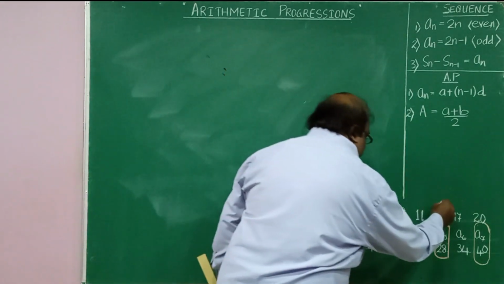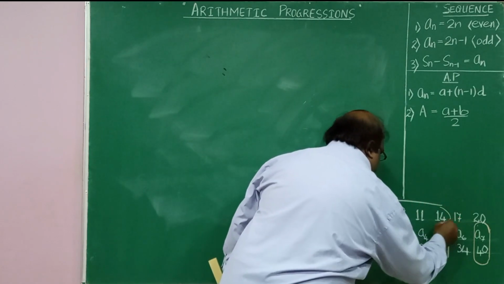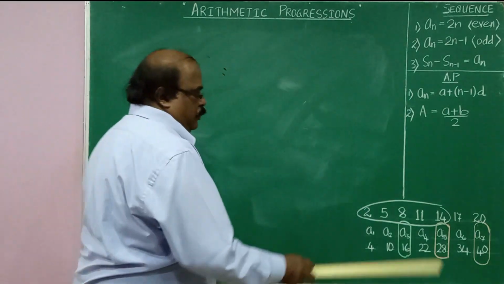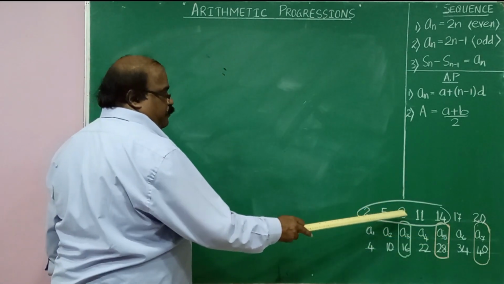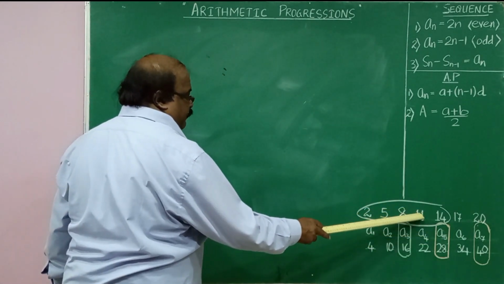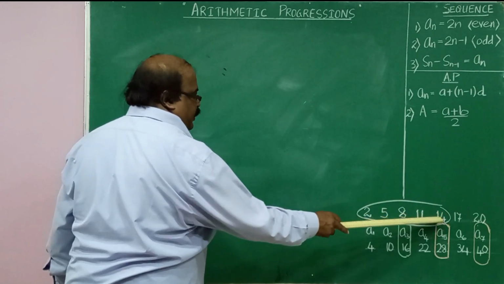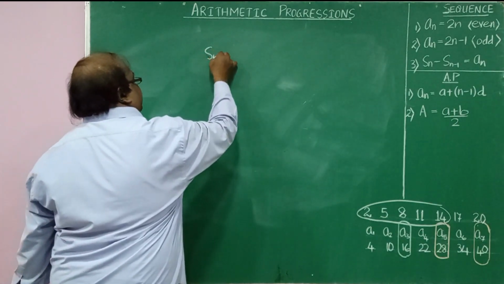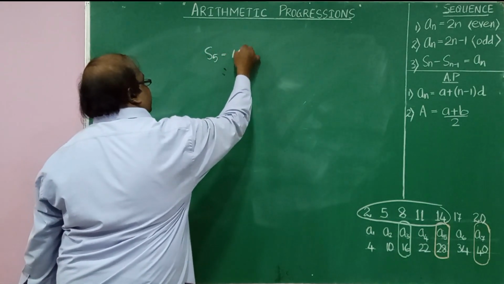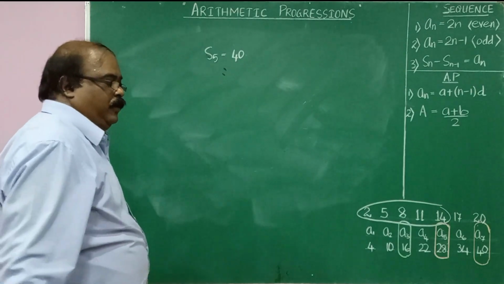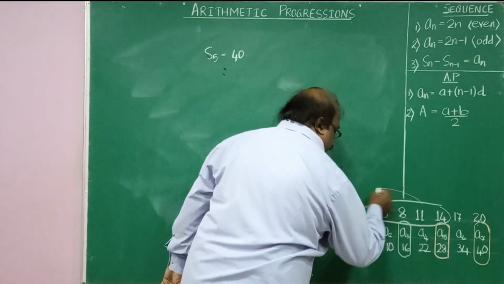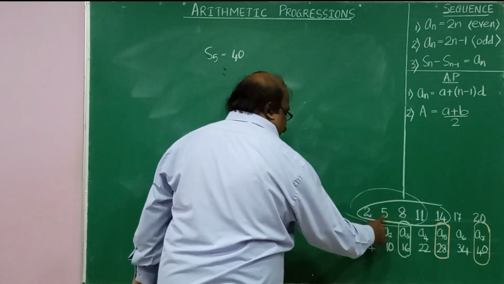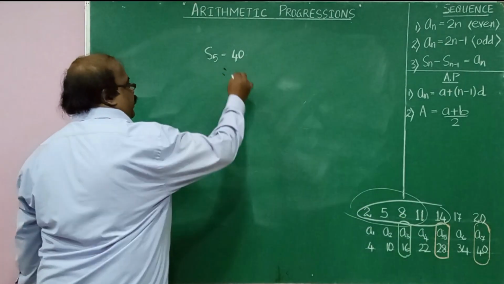Let's see what is the sum total of these terms. 2 plus 5, 7, plus 8, 15, 15 and 11, 26, 26 and 14, 40. You can see the sum of the first 5 terms is 40. What is the sum of the first four terms? 2 plus 5, 7, plus 8, 15, 15 and 11, 26.